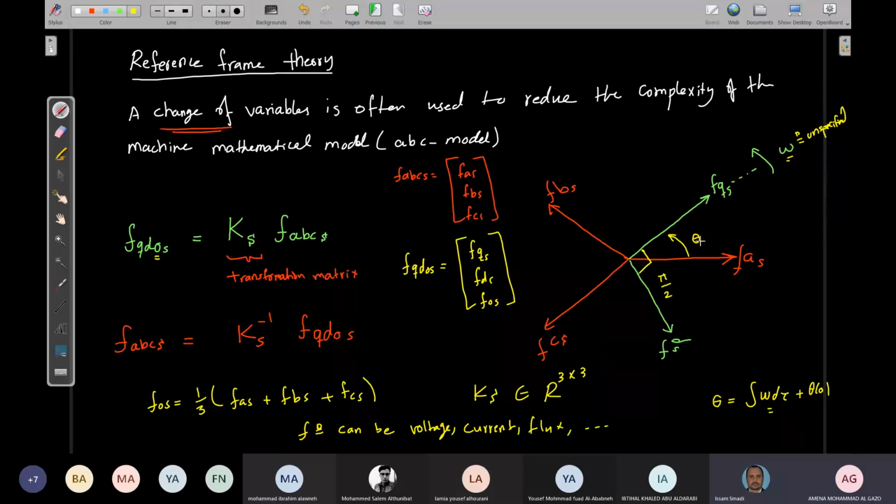What I will do? Can you project that? FAS times cosine theta. Yeah, so simply you are telling me that. Now you will say here, this will be the FQS, this will be the FDS, and this will be the F0S.